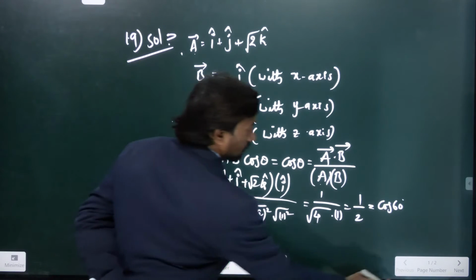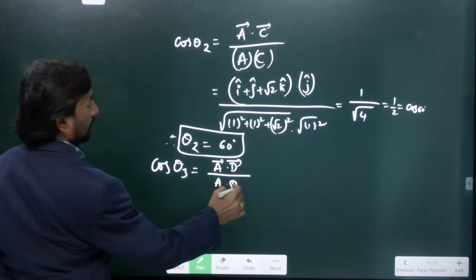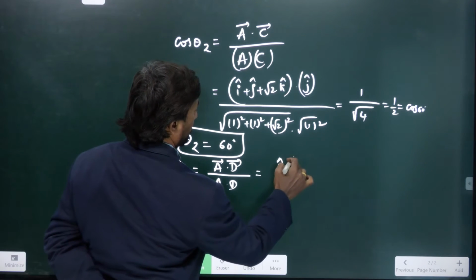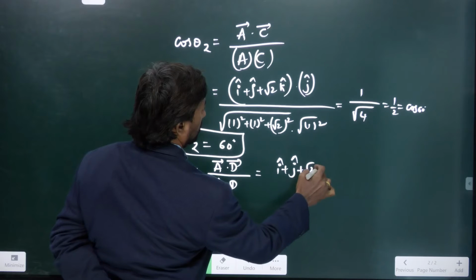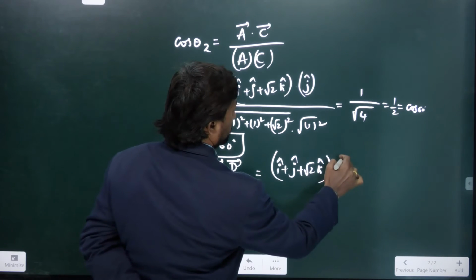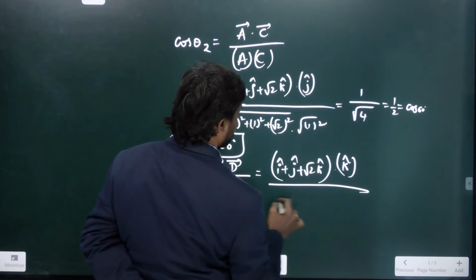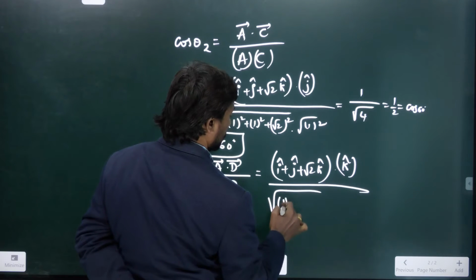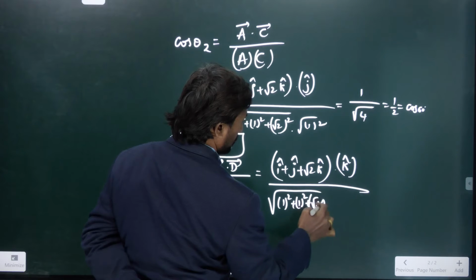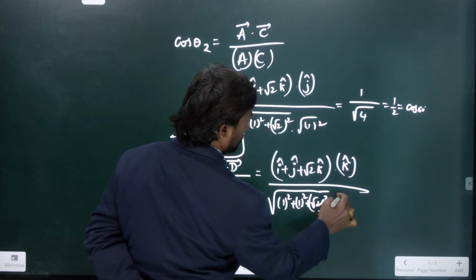So we get i cap plus j cap plus root 2 k cap dot k cap, divided by the square root of 1 square plus 1 square plus root 2 whole square into 1 whole square.